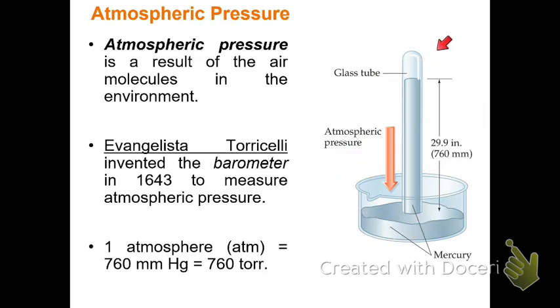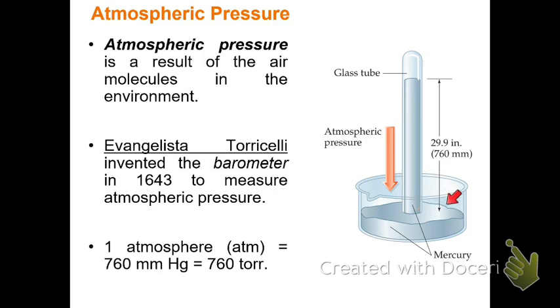It's a glass tube filled with liquid mercury. So they use liquid mercury as a unit of pressure. Atmospheric pressure exerts onto this liquid mercury and pushes it up, and the height of this liquid mercury is measured as the atmospheric pressure.